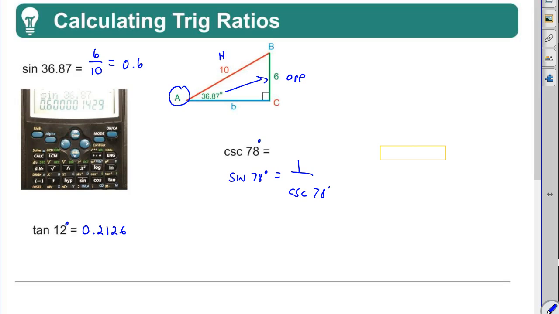Or more notably, and probably the way I should have started with, the cosecant of 78 degrees is 1 over the sine of 78 degrees. That's really what we want to punch in, because we have a sine button. So I'll do the reciprocal of the sine of 78 degrees. Punching that into my calculator, I end up with 1.0223.